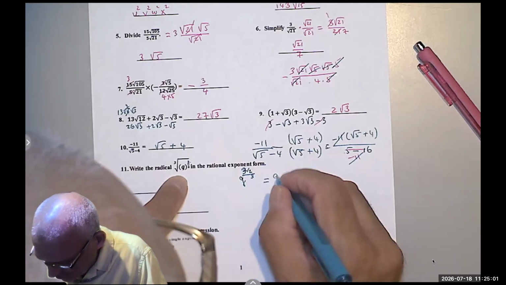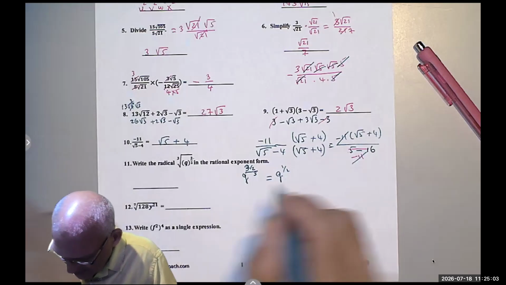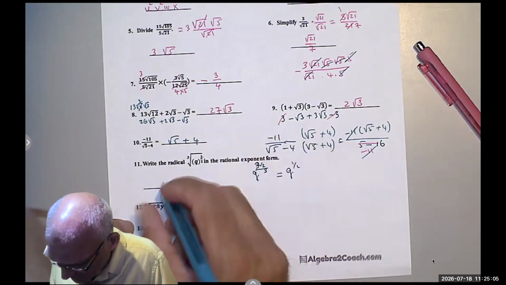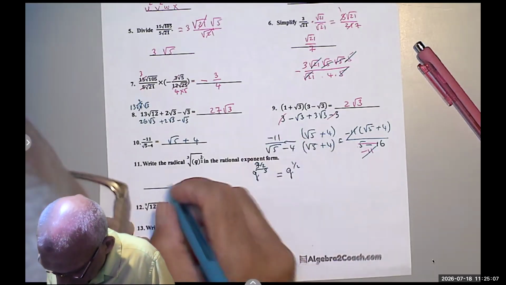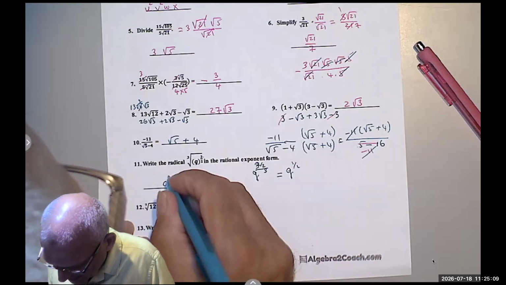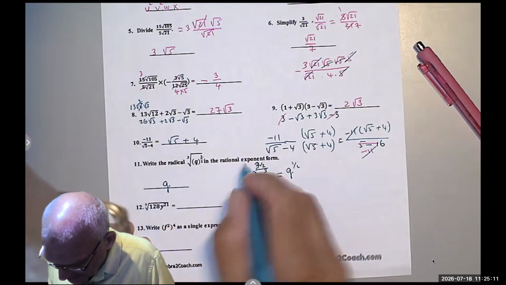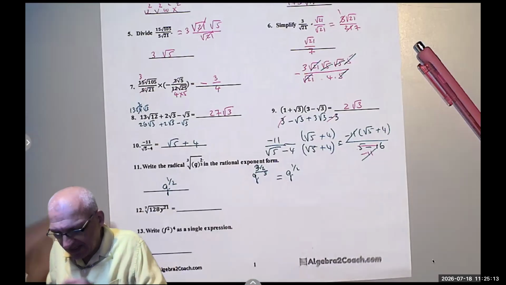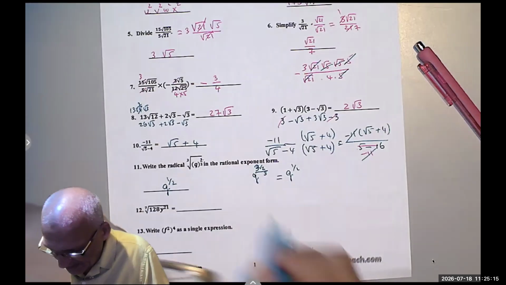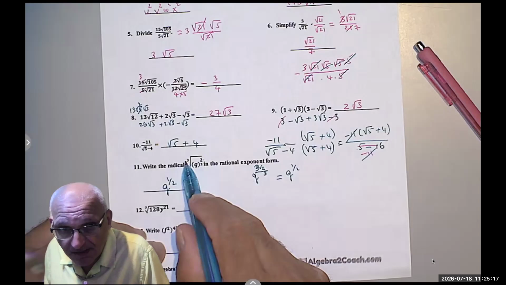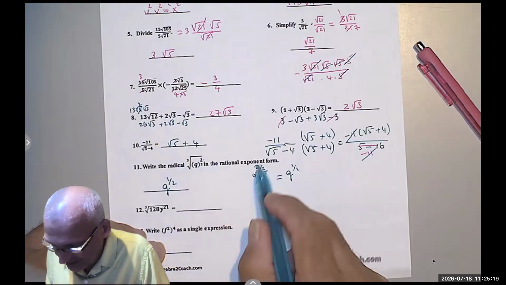So it's q to the 1/2, which is square root of q. But they want it in rational exponent form, so it's q to the 1/2. Meaning you divide 3/2 by 3, you get 1/2. The 3 and the 3 cancel.